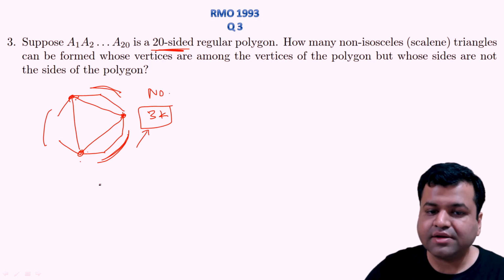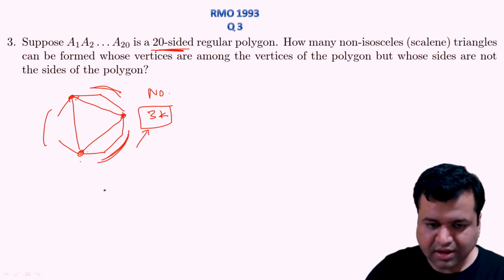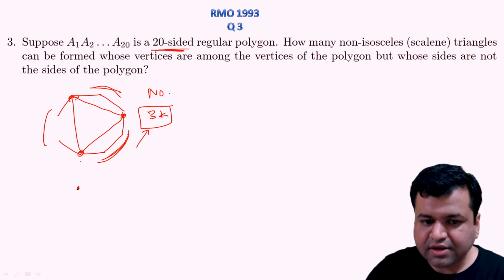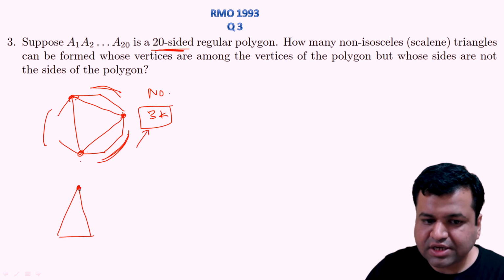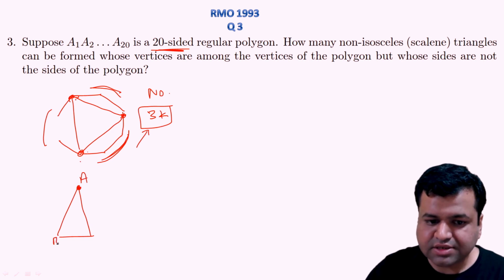ठीक है? Why I have used this concept? I'll tell you. ठीक है? हम अभी क्या करने वाले हैं? We will just find the isosceles triangle with the vertex from which the 2 equal sides are coming, right? Let's say ABC is an isosceles triangle. ठीक है? We will find the isosceles triangles considering A to be our vertex, right?